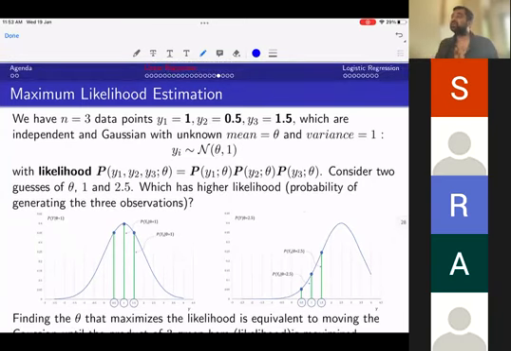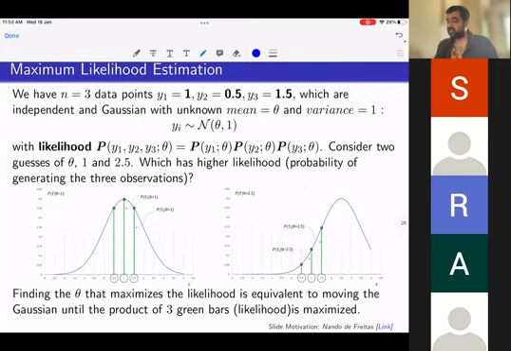So finding theta that maximizes the likelihood is equivalent to moving the Gaussian until the product of 3 bars is maximized. So Sayan has said that the probability of these y1, y2, y3 is more if I consider theta as 1.